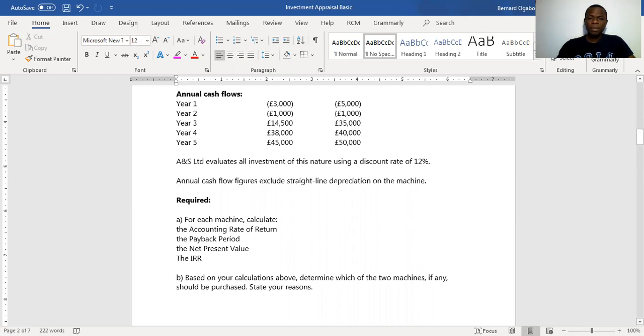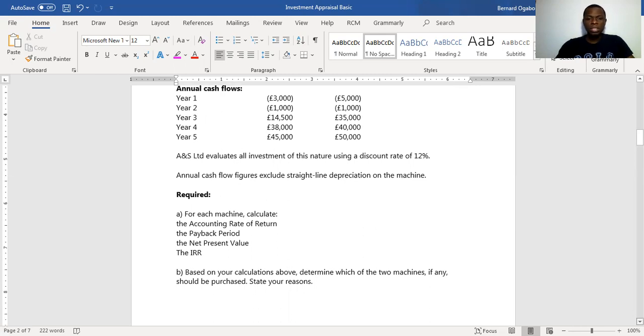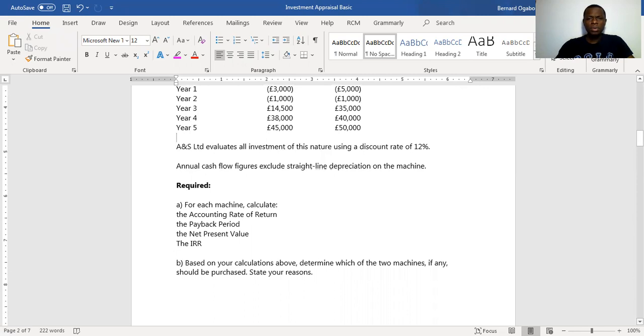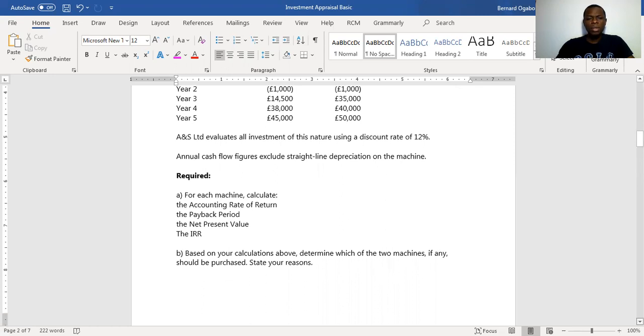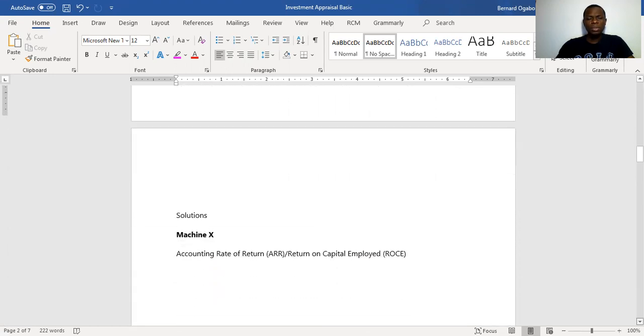B. Based on your calculation above, determine which of the two machines, if any, should be purchased. State your reasons. We are just going to do just that, and we will state our reason. So, believing that you already have the question downloaded from prof-emeritus.com, let us go now and look at the solution.